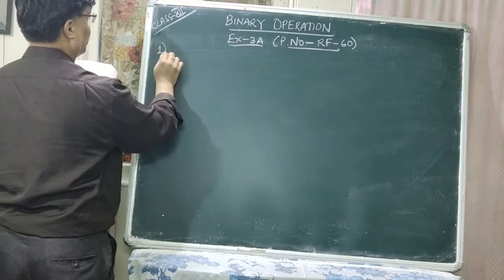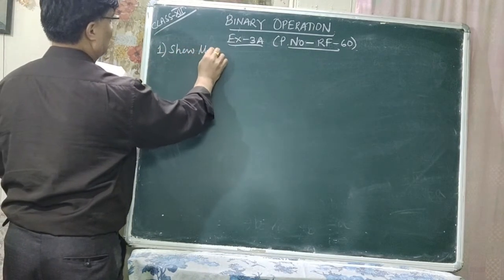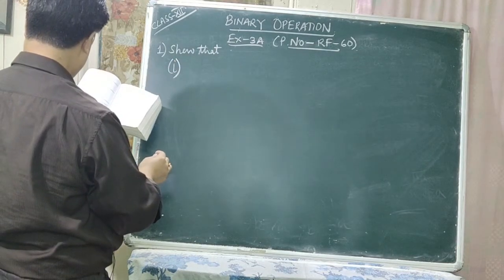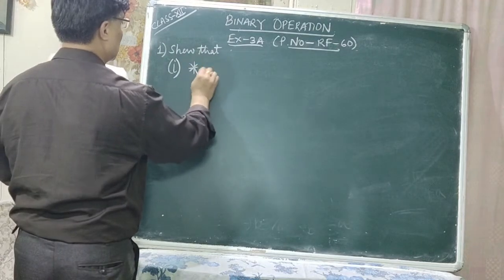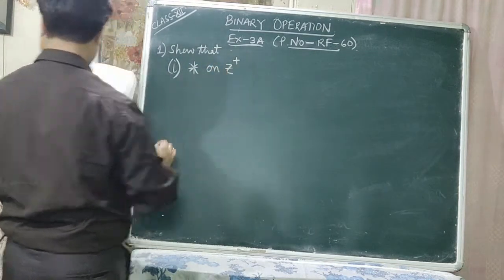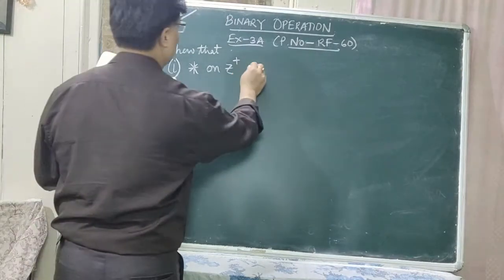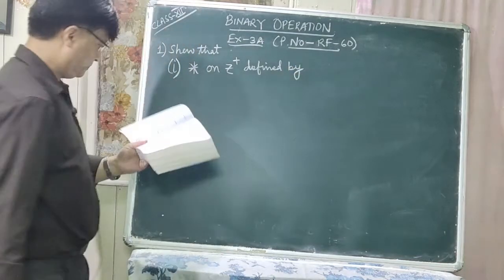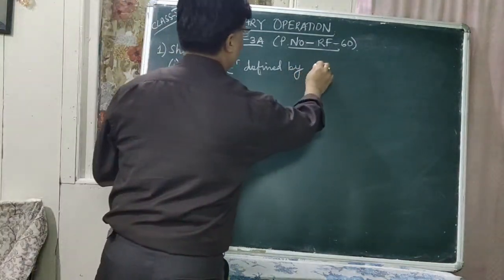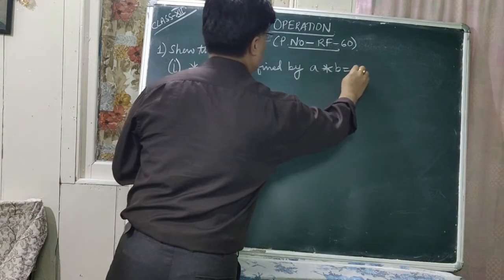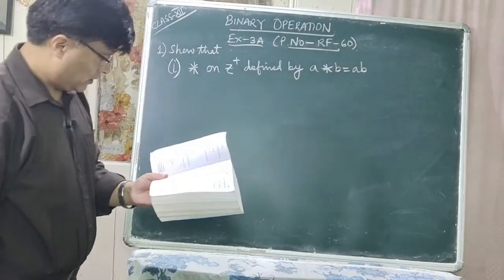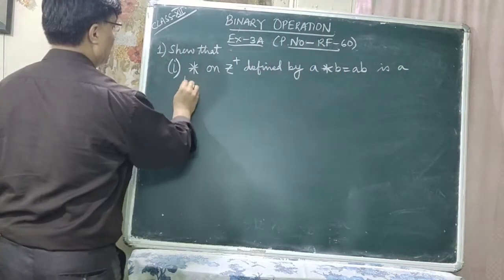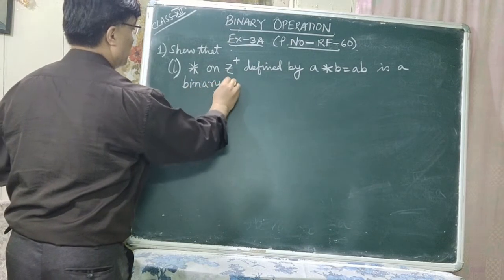Okay, so let us do this question number 1. You have to show that star on Z plus defined by A star B is equal to AB is a binary operation.